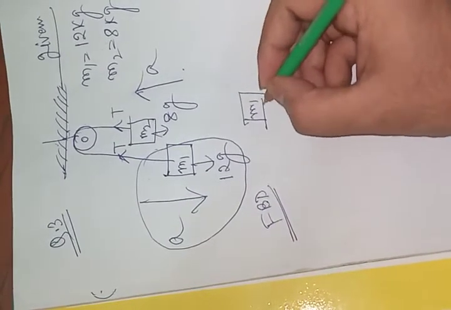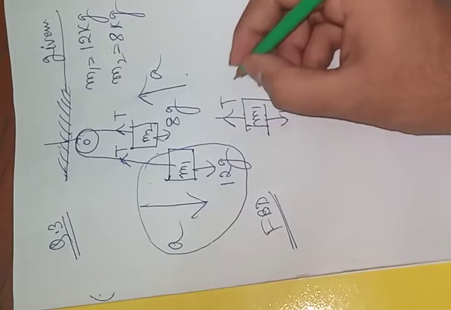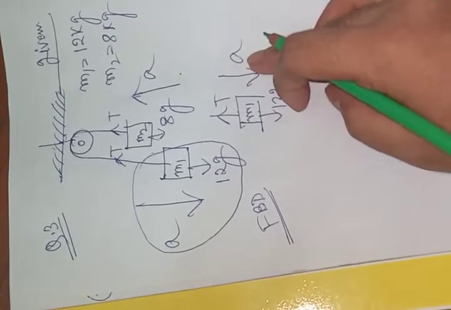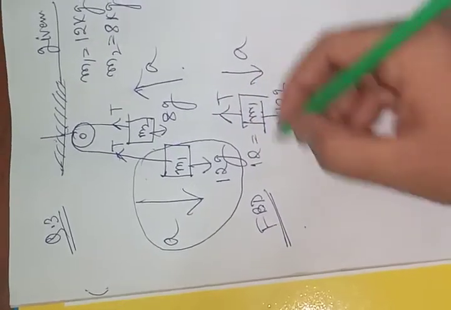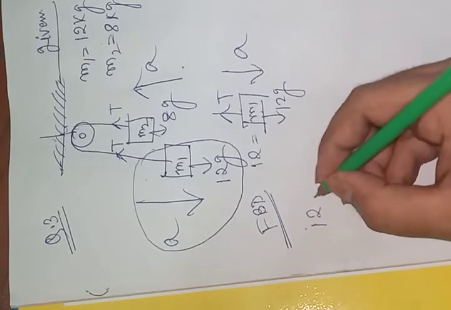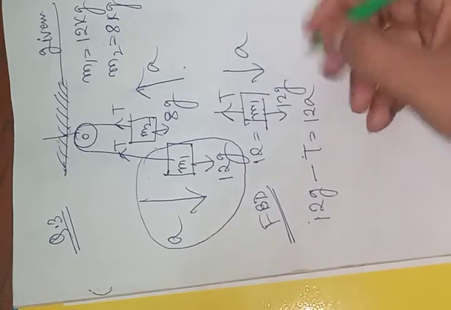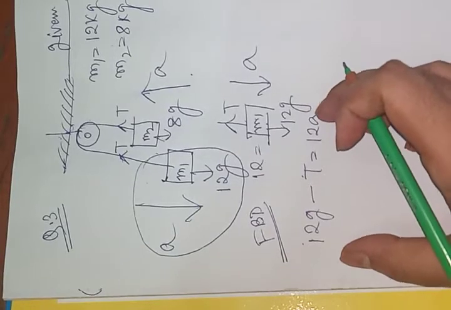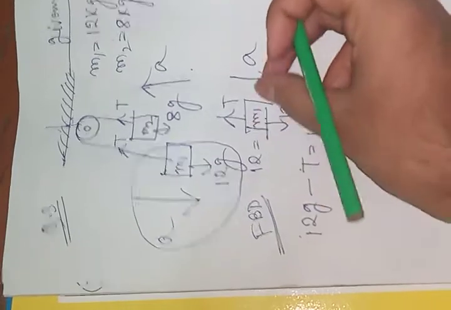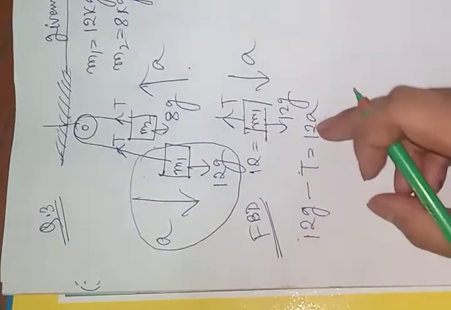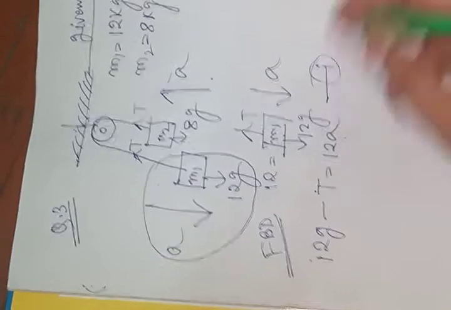This is m1, downwards is 12g, upward is tension force T, and it accelerates downwards with a. The net force is 12g minus T equals 12 into a, by Newton's second law of motion: net force equals mass into acceleration. This is the first equation.